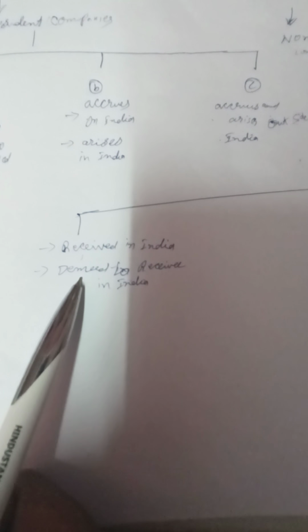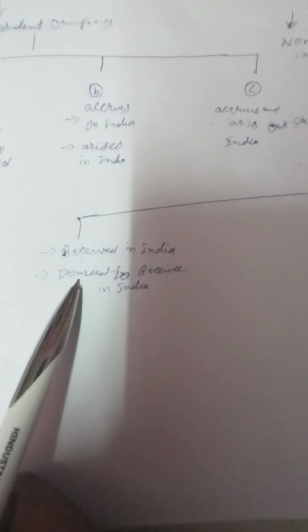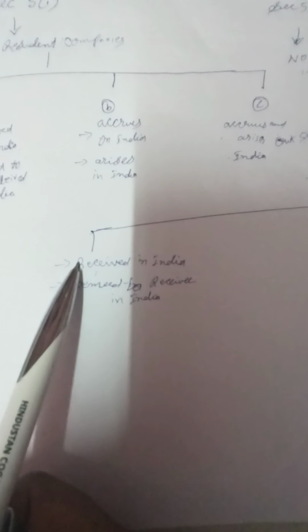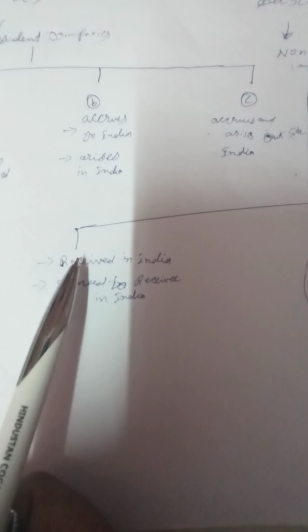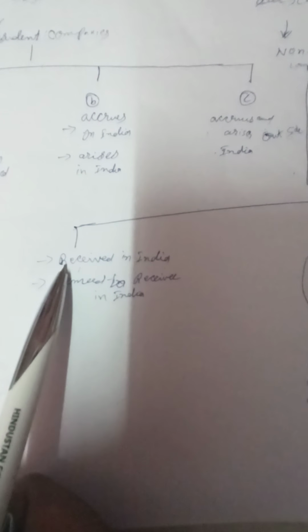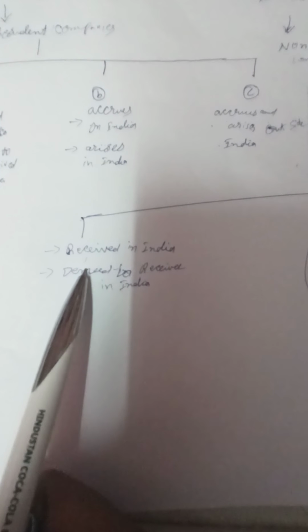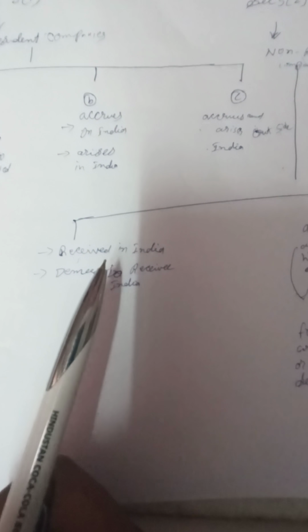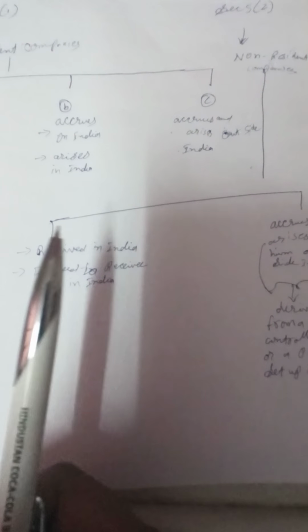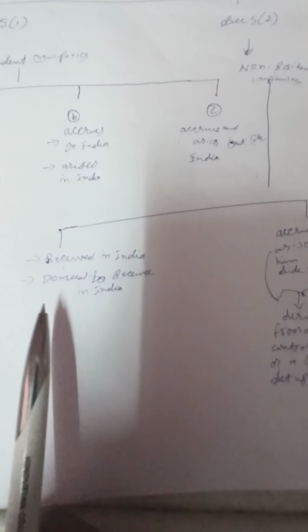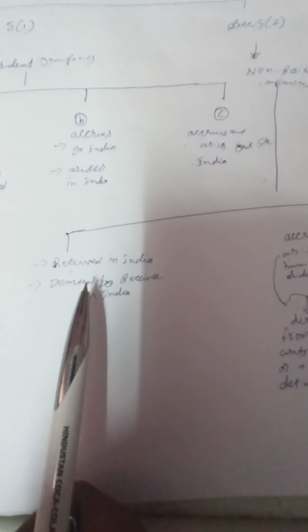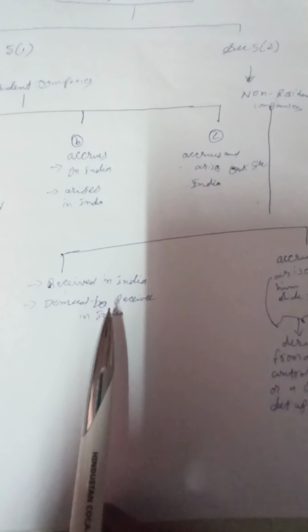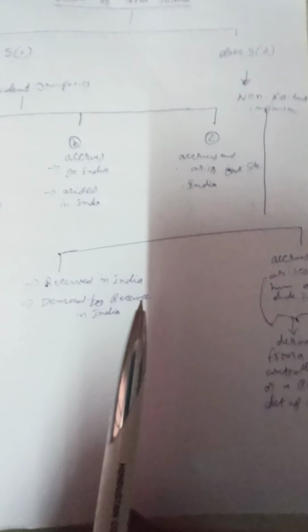Income of a non-resident company which is received in India is taxable in India, and the tax liability on income deemed to be received in India is to be paid to the Indian government.